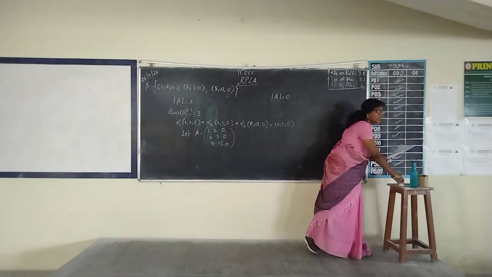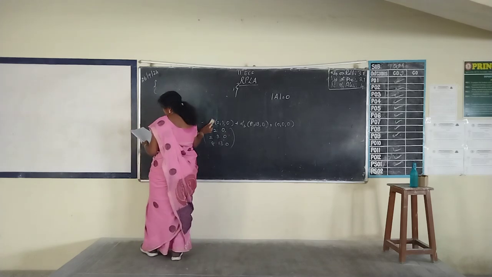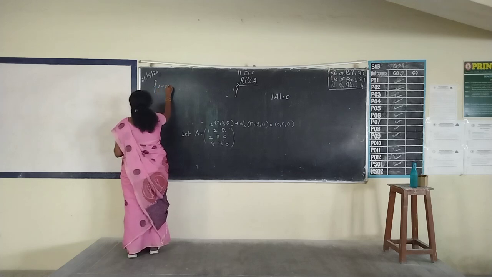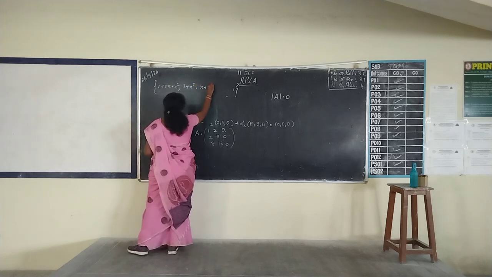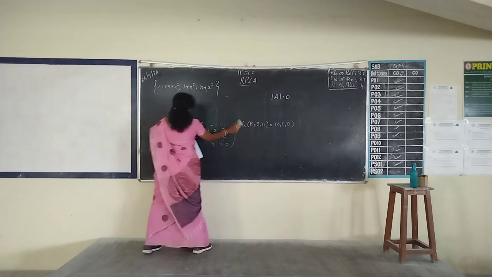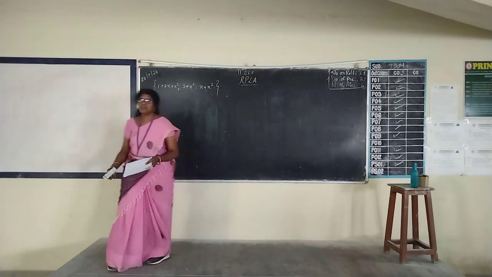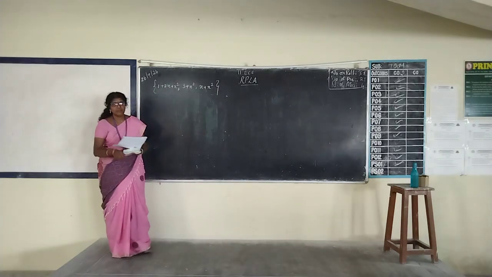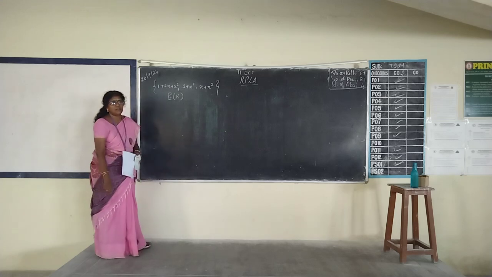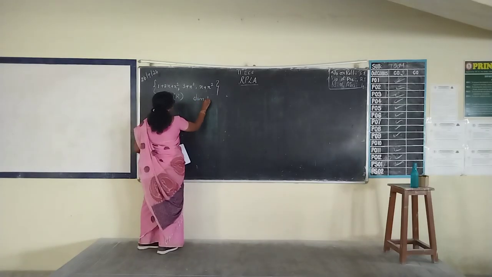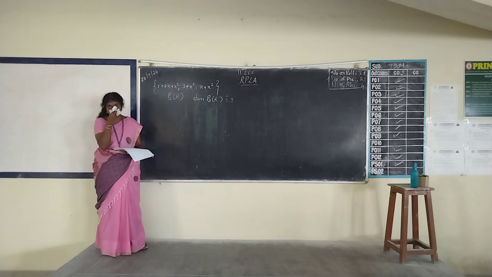Next one. Determine whether the set 1 plus 2x plus x square, 3 plus x square, x plus x square forms a basis for P2 of R. The dimension of P2 of R is equal to 3.